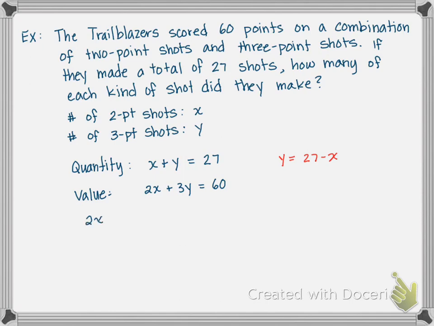So 2x plus 3 times 27 minus x equals 60. If I skip some steps to save time, we get negative x equals 81 minus 60, which is negative 21. So x equals 21. And then y equals 6.